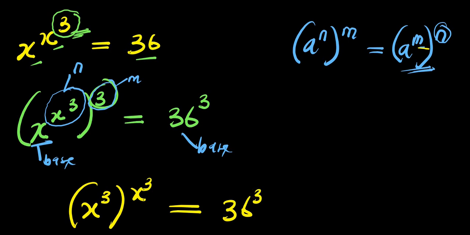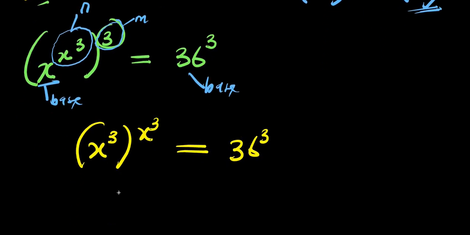Now, if you observe what we have here, the x power 3 is here at the base now, and this is also the same as what we have here at the exponent. So, the truth of this trick is that we wanted the base to be the same as the exponent. So we have achieved that, and we are also going to do the same thing right here.